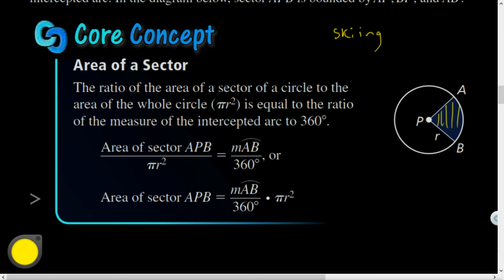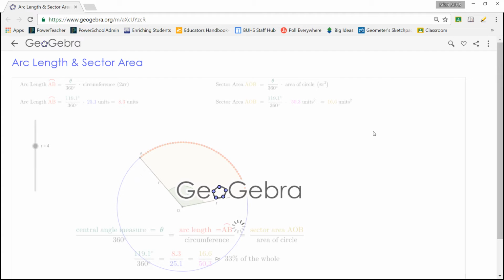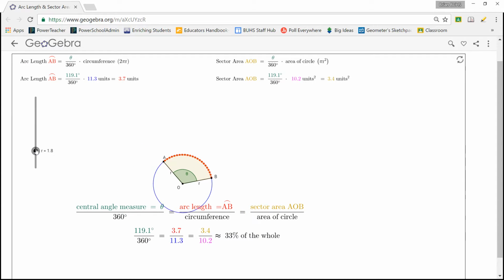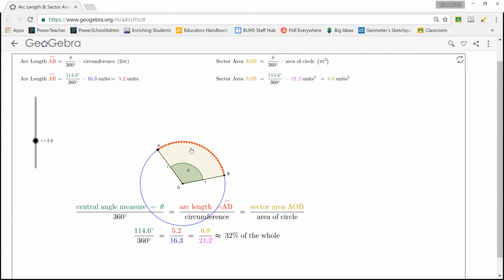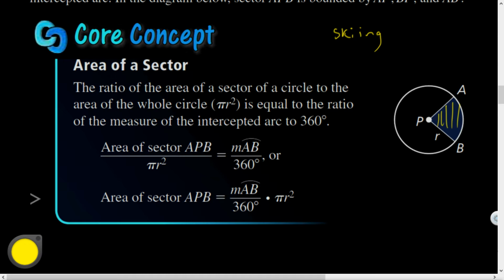Let's see what this does. Oh, this has arc length and area calculations. Nah, that's not helpful. Sorry, GeoGebra. You've been thumbed down.